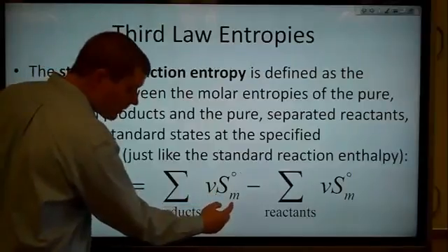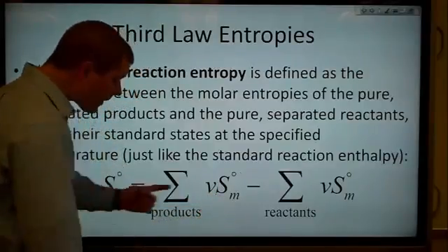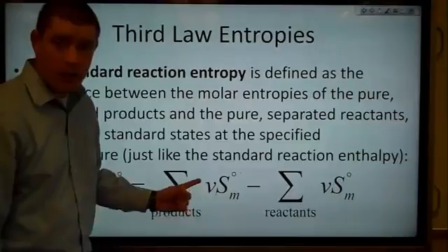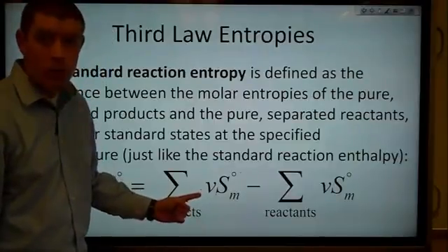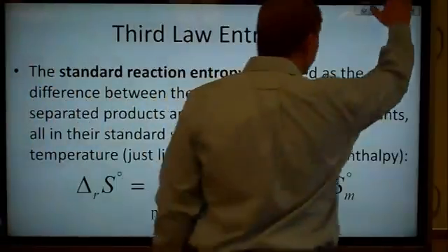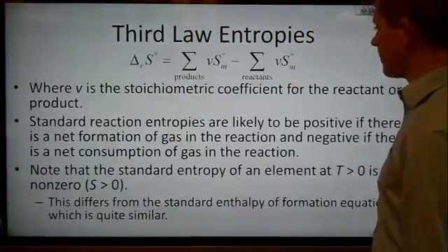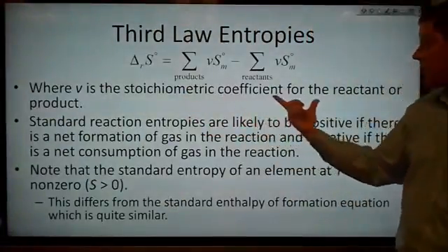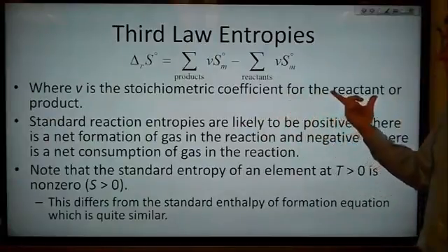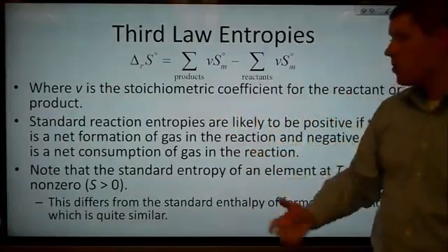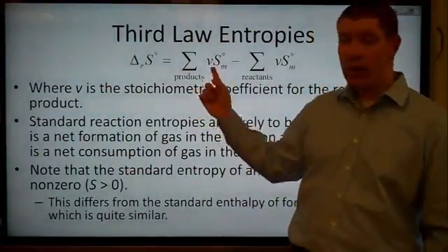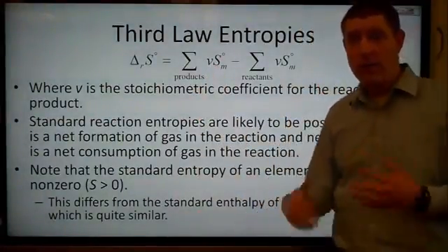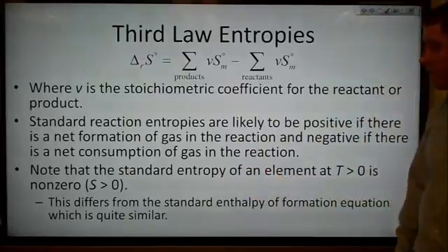This is the molar entropy because of the subscript M, and we're multiplying that by this coefficient nu. And that coefficient nu is the stoichiometric coefficient for the reaction, for the reactant or the product. So if we have 5 of those molecules involved, then nu there is 5. If we only have 1, then nu is 1, and so on.